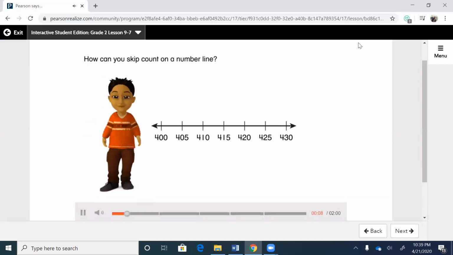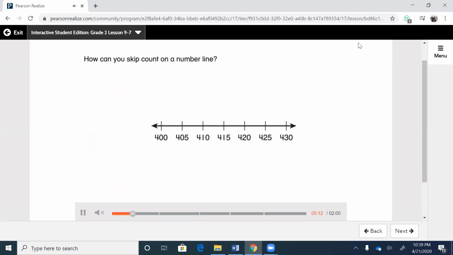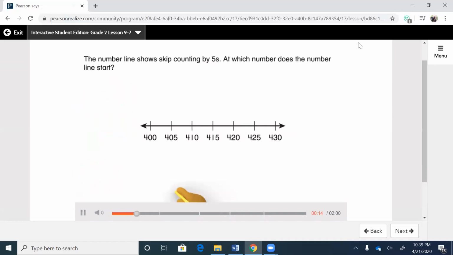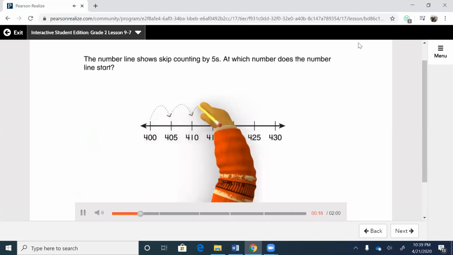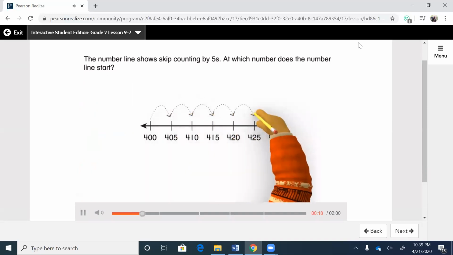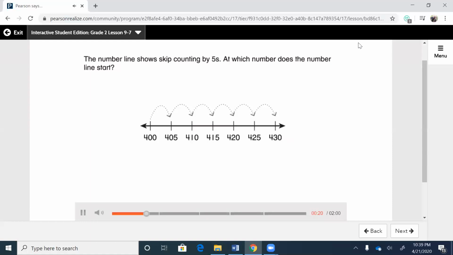How can you skip count on a number line? Where does it start, guys? 400. It goes up by how many when you move? It's going up by 5. Look at our pattern, 0, 5, 0, 5, 0, 5, 0.